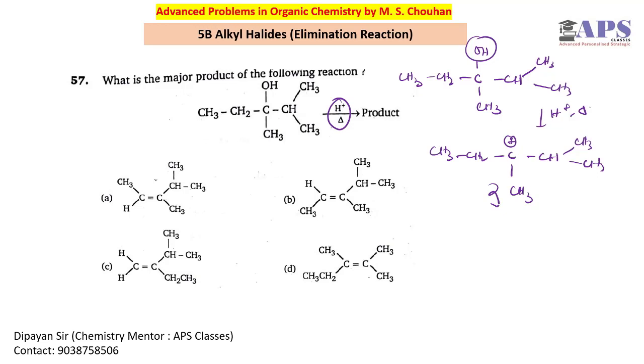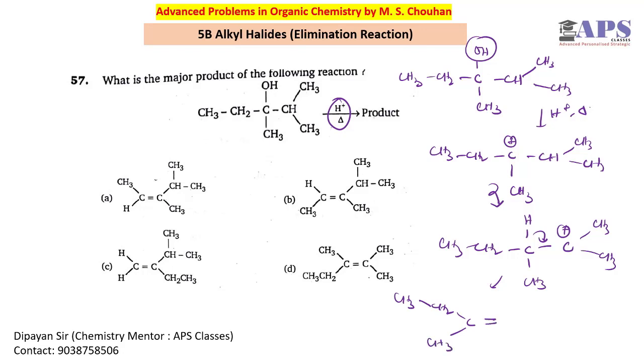This carbocation can rearrange itself, and this will be our most stable carbocation, and then there will be some elimination. So after the elimination, CH2 CH3 double bond, CH3 CH3, this will be our final product.